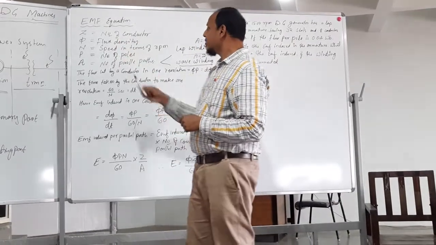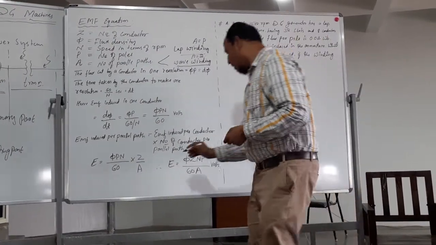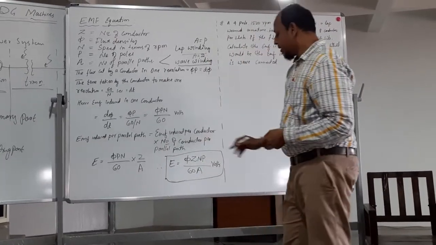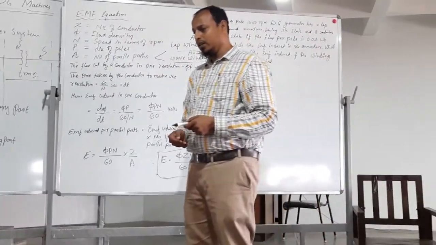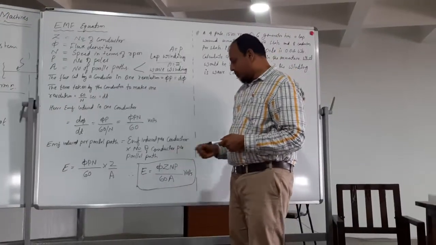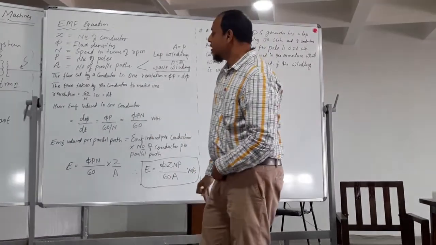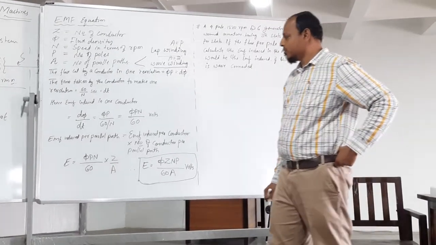Therefore, to derive this EMF equation, which is very important for answering objective questions, because many times it appears to calculate the speed or the number of poles or parallel paths or the EMF induced, we have to understand this EMF equation of the DC motor.